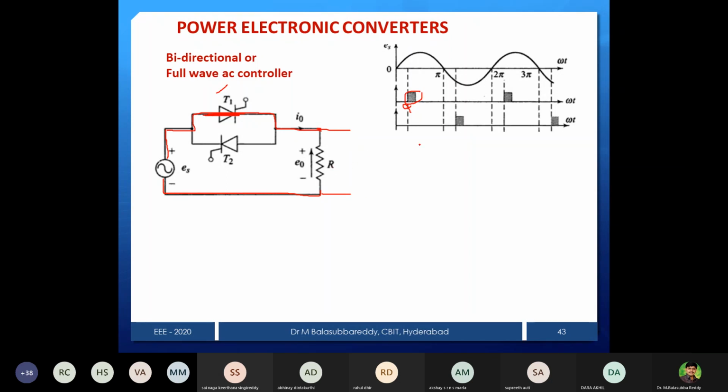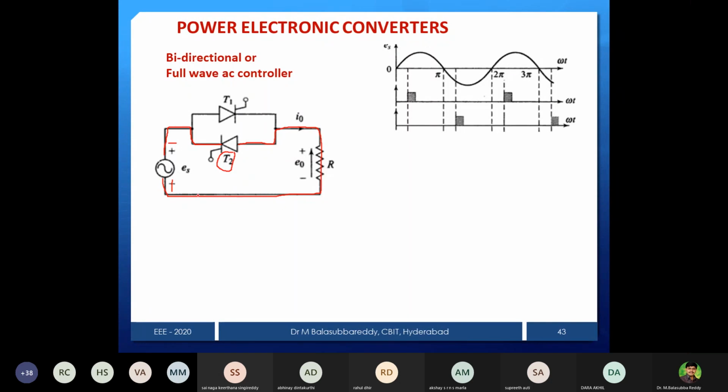Similarly, during negative half cycle, what will happen? During negative half cycle, this will be plus and this will be minus. Then thyristor T2 is forward bias. The reason is, you can see, anode is connected to plus and cathode is connected to minus.